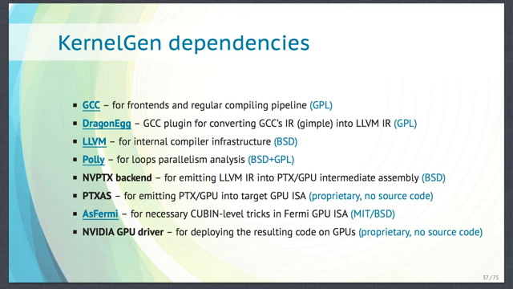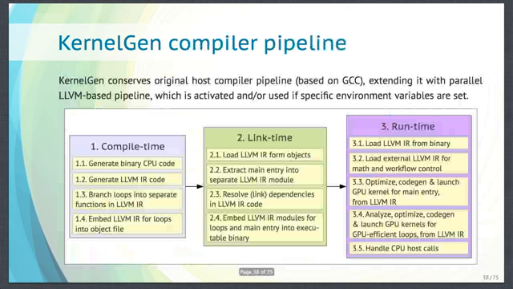Once we decided the loop is appropriate for GPUs, we chain the IR to NVPTX backend, and PTX backend generates the PTX code for us, and then PTX goes to the standard NVIDIA stack. And also we have some open source tweaks in the hardware assembler. But this is a little bit different story.